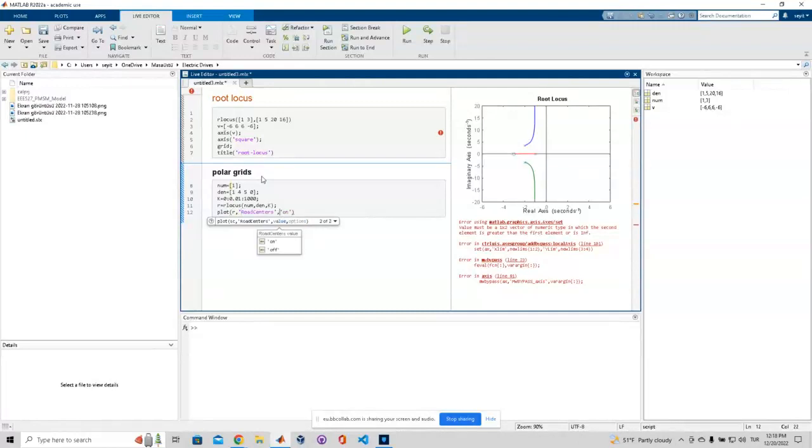Here will be our root locus. Okay. So after that, you're gonna define your scale with the v-axis.